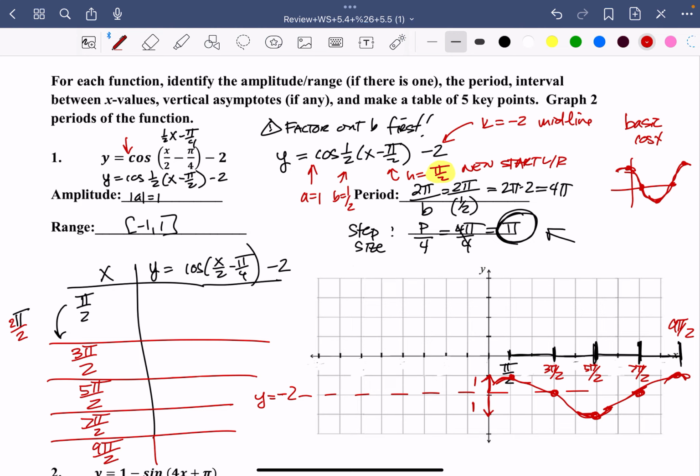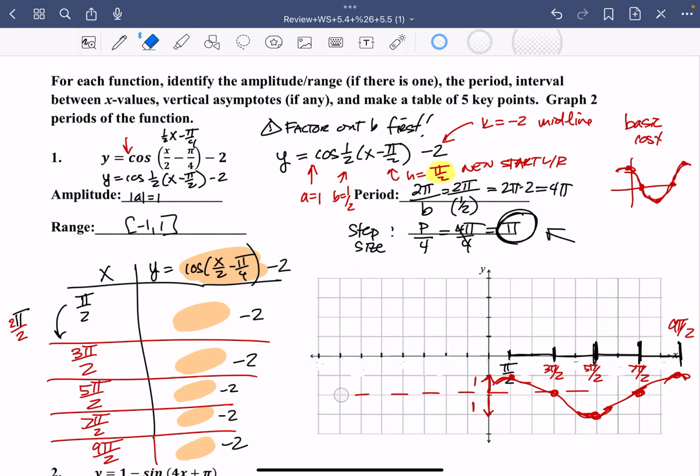Just to verify, when I look over here at my y values, this is my old cosine. So really I've just got cosine, my old values, and then I do something to them. It seems like I subtract 2 from all my old cosines.